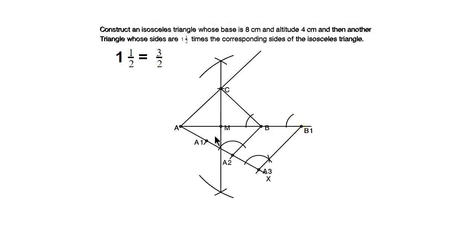Now again find the distance between the intersection points of this arc, and here also find the distance between these two intersection points. Now keeping your compass at this point, draw an arc of the distance measured. Now join the point B1 with the intersection of this arc and produce this line to meet the extended line AC. Now let us name this intersection point as C1.